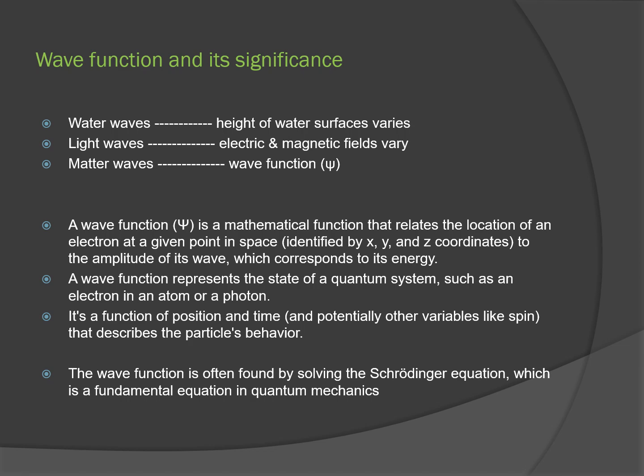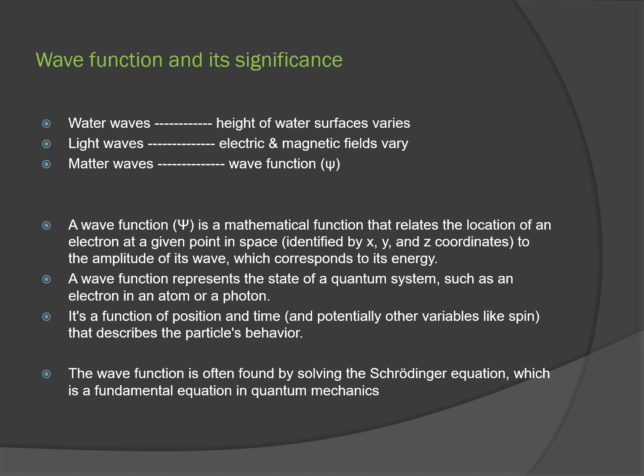I can find out the amplitude of the wave. If I know the position, the maximum displacement is the amplitude, and if I know the amplitude, I can find the energy. Energy is proportional to the square of the amplitude. So in very simple words, the wave function is a mathematical function representing the position of the electron at a given time.